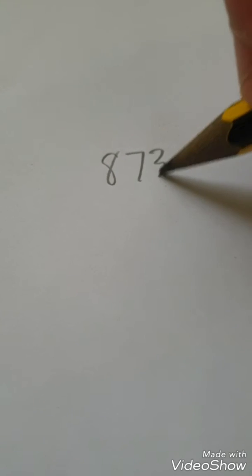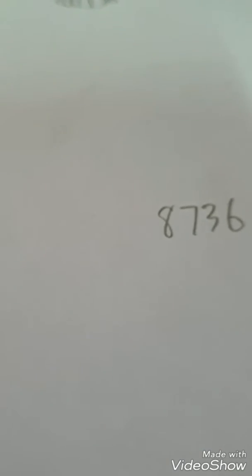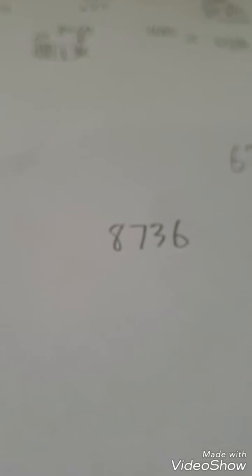So let's take a number divisible by 624. Yeah, this number, 8736. 8 we will multiply by 248. Well, this one is really hard, so we will multiply 8 by 248 with the calculator.